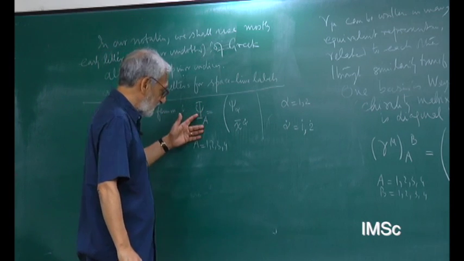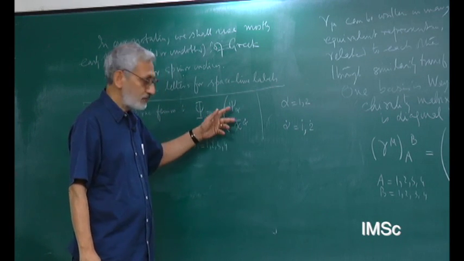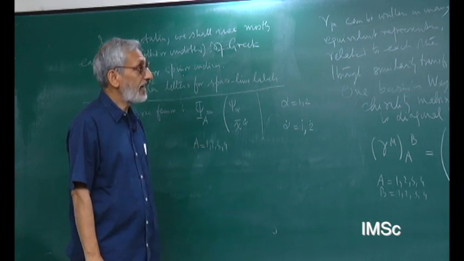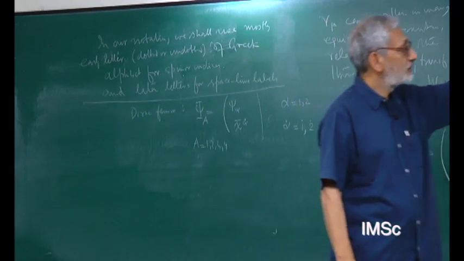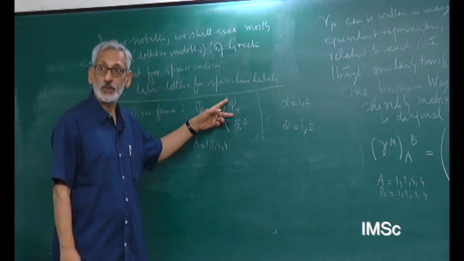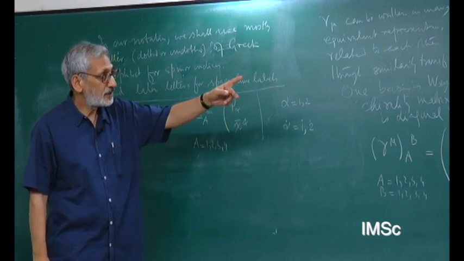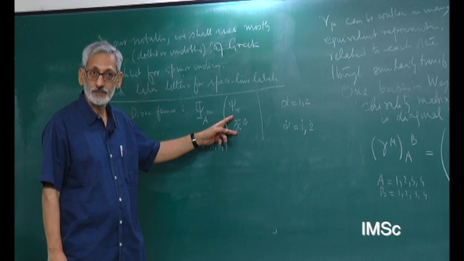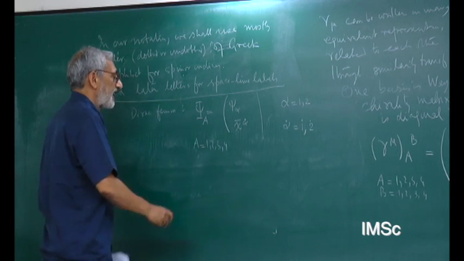So we have written these 4 components as 2 components psi and 2 components chi bar. The first block of the generators will act on these 2 components, the second block will act on the others.